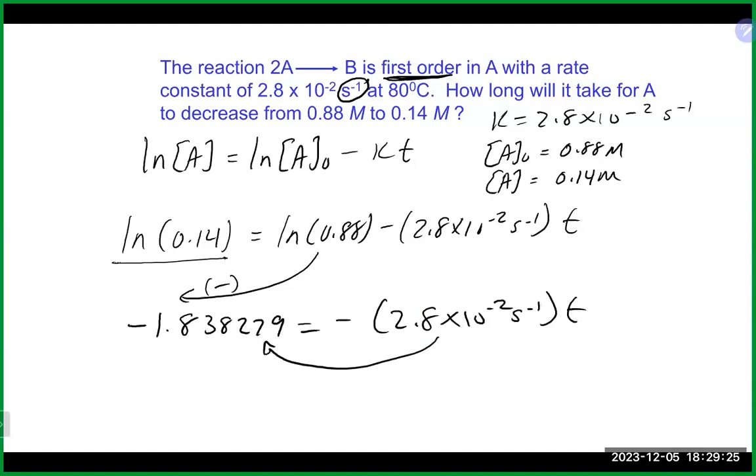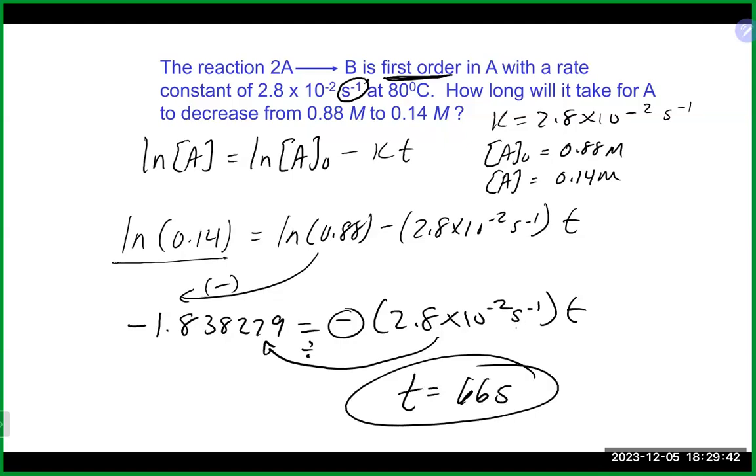Now we're going to divide this, not only the number, but also the negative to the other side as well. So dividing that there, going to get us about 66 seconds here. And obviously the seconds comes from the units of our rate constant. It's 1/seconds, but when we divide it, it flips to the top of the seconds, right?